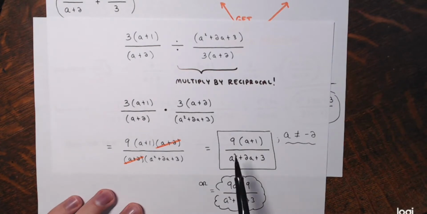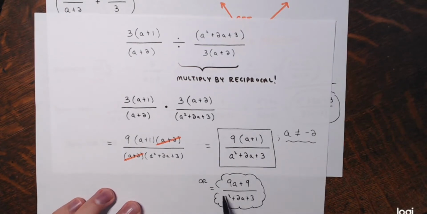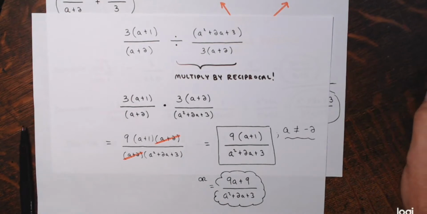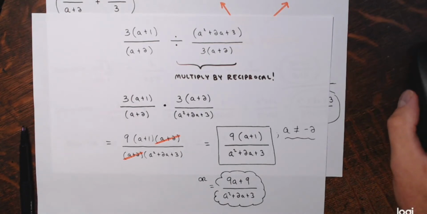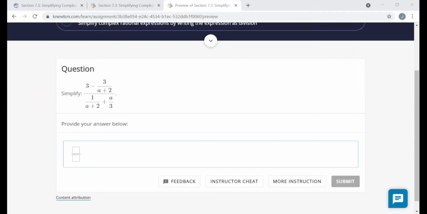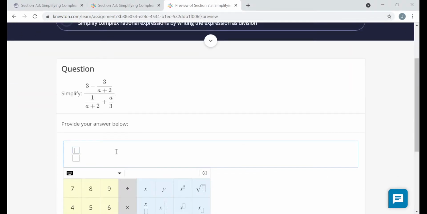Alright, and you can enter things in factored form or when it's multiplied out. I'm going to enter it multiplied out. It doesn't really matter. It'll accept either one as long as they're equivalent and simplified. Once again, they already have the division bar there, so you just need to enter the numerator, which was 9a plus 9, or 9 times the quantity a plus 1 if you want, and the denominator was a squared plus 2a plus 3.